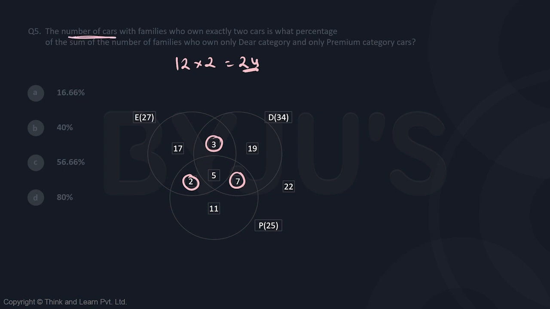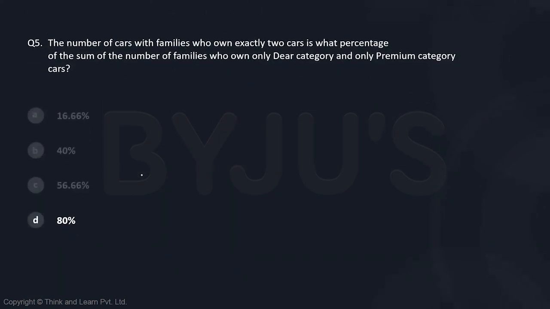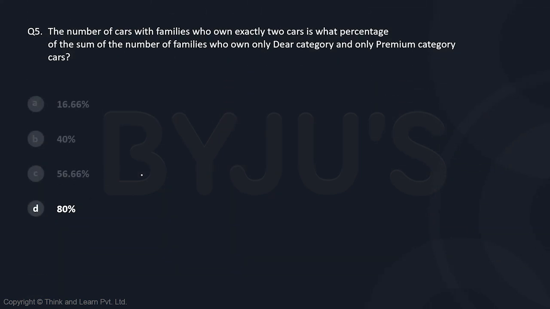To the sum of the number of families who own only dear category and only premium. Only dear 19, only premium 11. 19 plus 11 is 30. Question is 24 is what percentage of 30? It is very clear that it is equal to 80%. So my answer for this question should be option D, that is 80%. I would rate this question as a moderate category question.